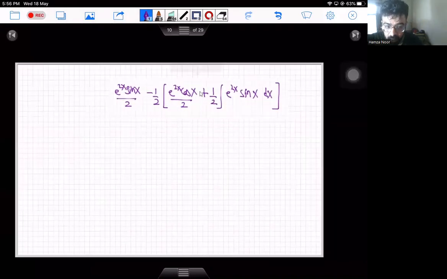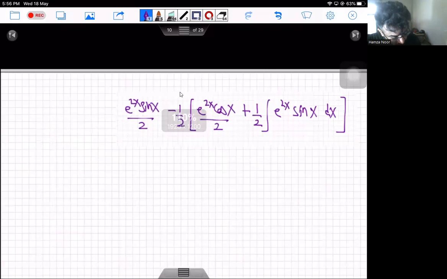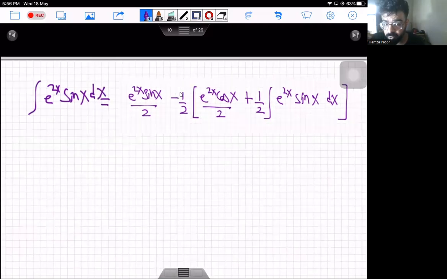This is basically the outcome of integrating e raised to the power 2x multiplied by sin x with respect to x. And as I've told you earlier, if we again do the integration by parts, we will be getting the same thing again and again. And obviously we don't need to do that again.